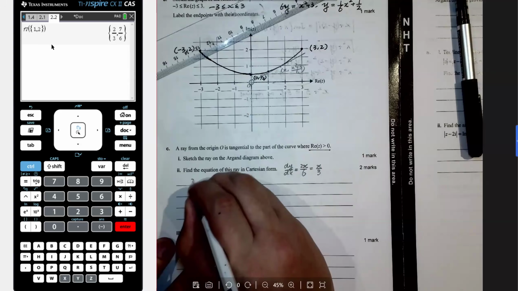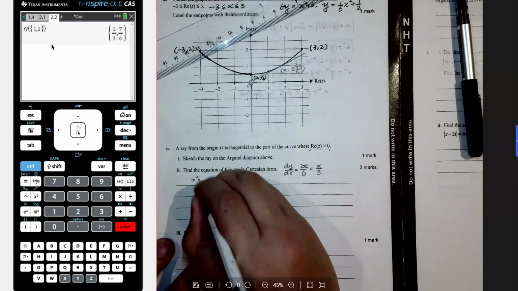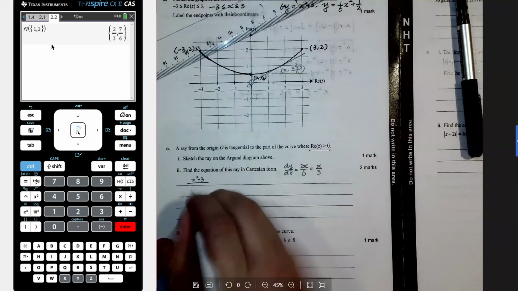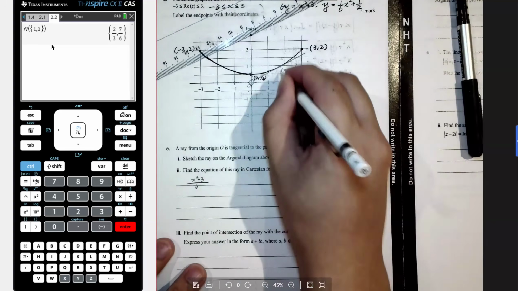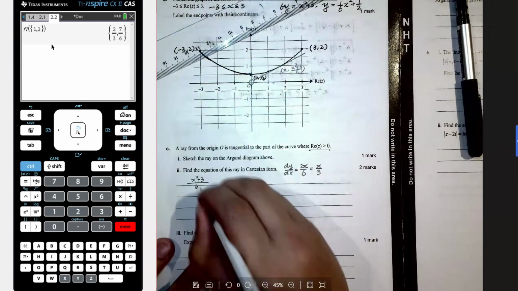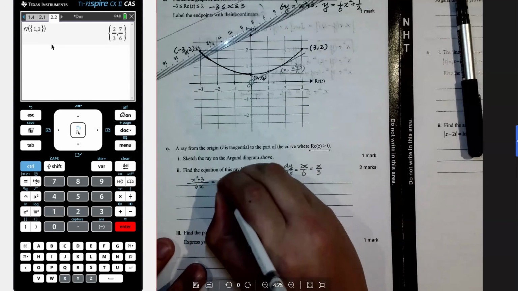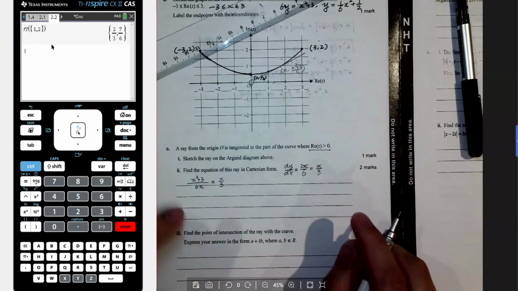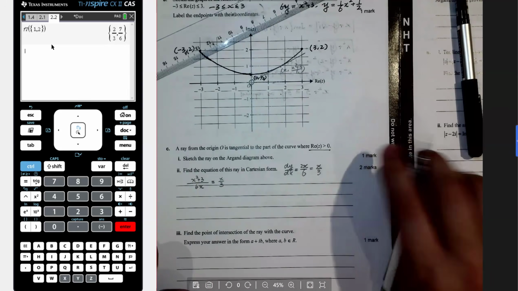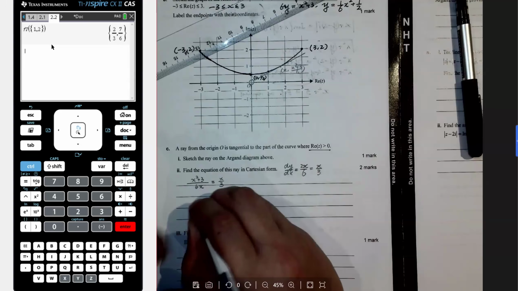So we have ((x² + 3)/6)/x = x/3. So this is a classic mathematical type question.